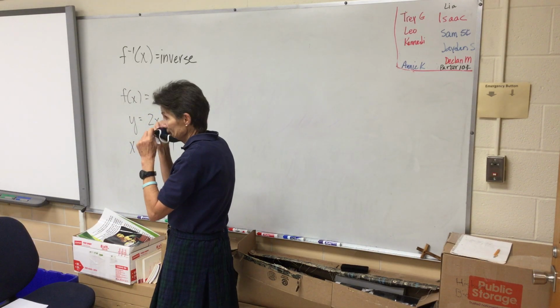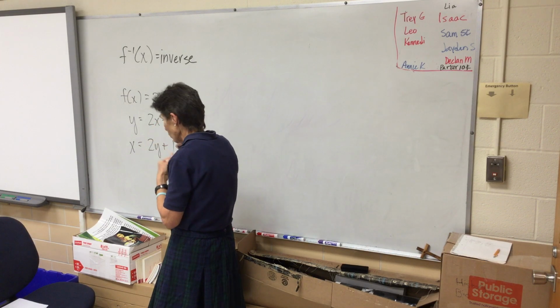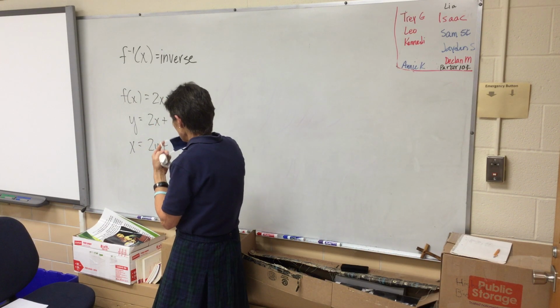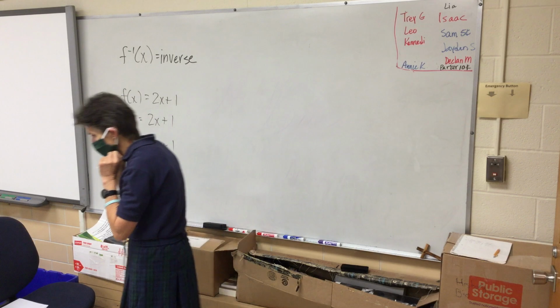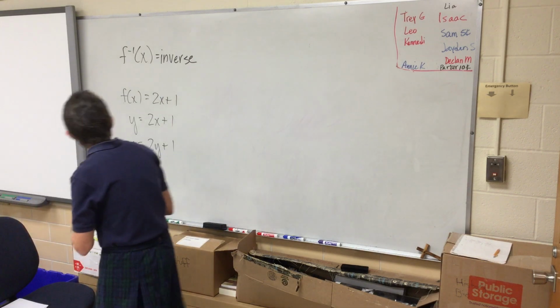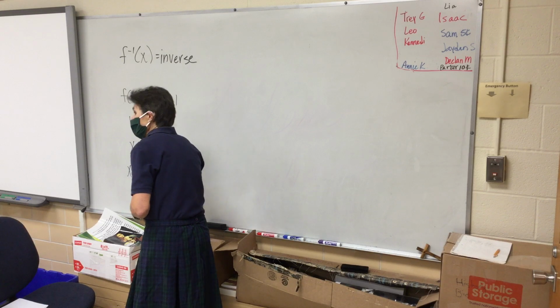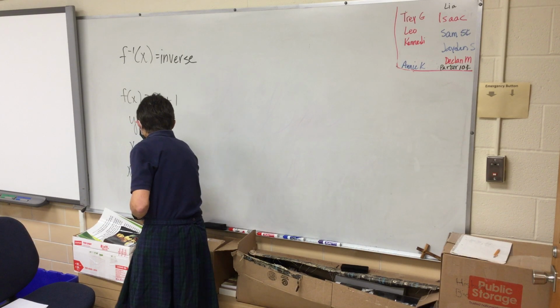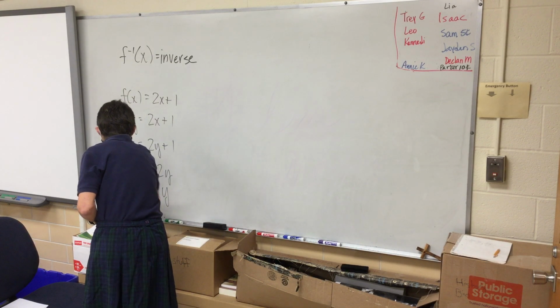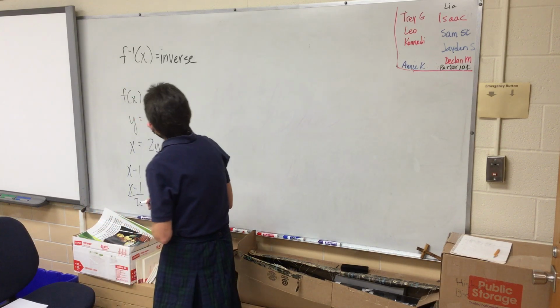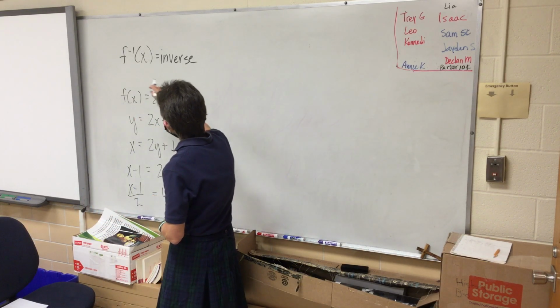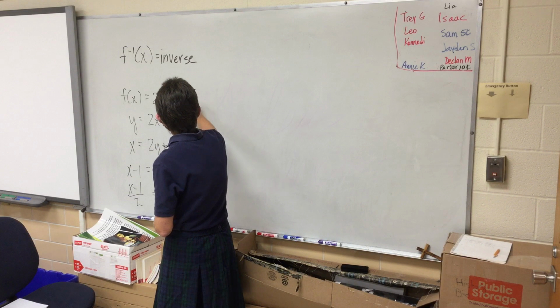So easy. What are you going to do here to get y by itself? Divide. Nothing to divide first. First we'll subtract the 1. And then we will divide. And so the direction said find the inverse.